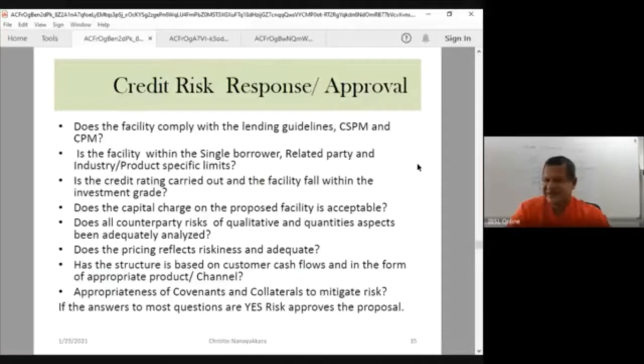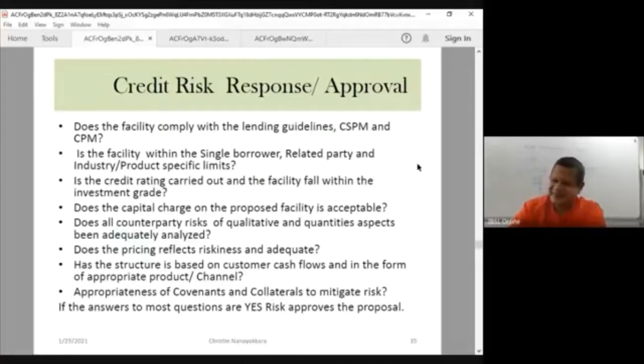Has the structure, based on customer cash flows, been set in the form of appropriate product and channel? We looked at trade finance. You can remember, I put an LC limit within which I put a revolving import limit for the importer. We call it the structuring of facilities.